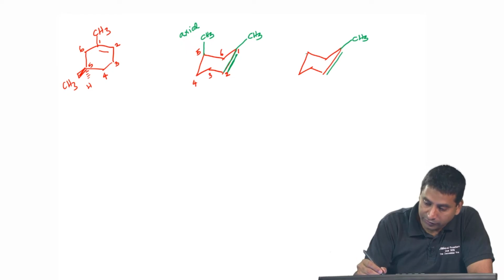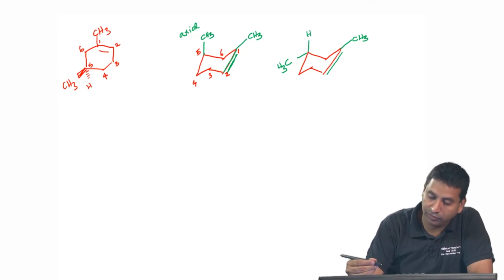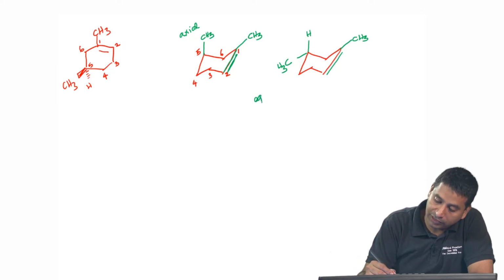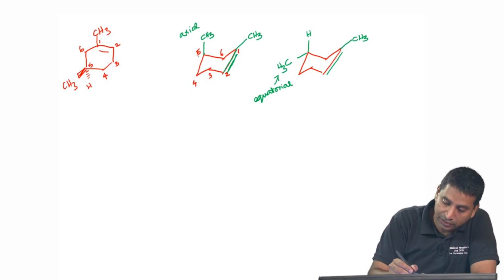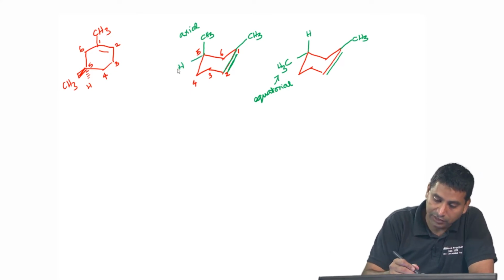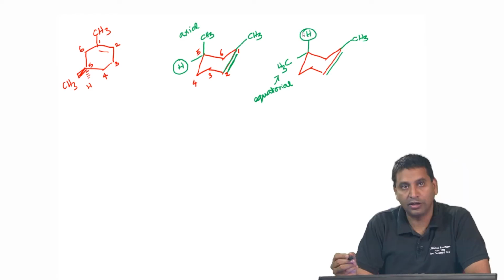The only difference is the CH3 is in the equatorial position. Just for the sake of clarity, let me draw the hydrogen over here. So, this is my equatorial methyl group, and this is the hydrogen that we are going to designate.